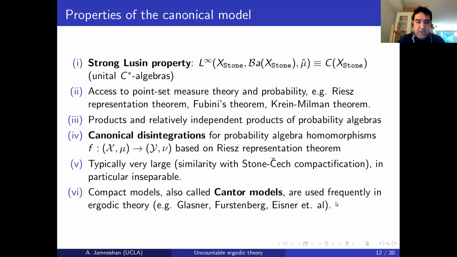But it turns out, because of the strong continuity properties of the Stone model, that although those Stone spaces are typically very large, I mean, you can see them somehow as similar to Stone-Čech compactifications in topology, so they are typically very large and very inseparable, still it is possible to form some disintegration by using continuity and applying the Riesz representation theorem.